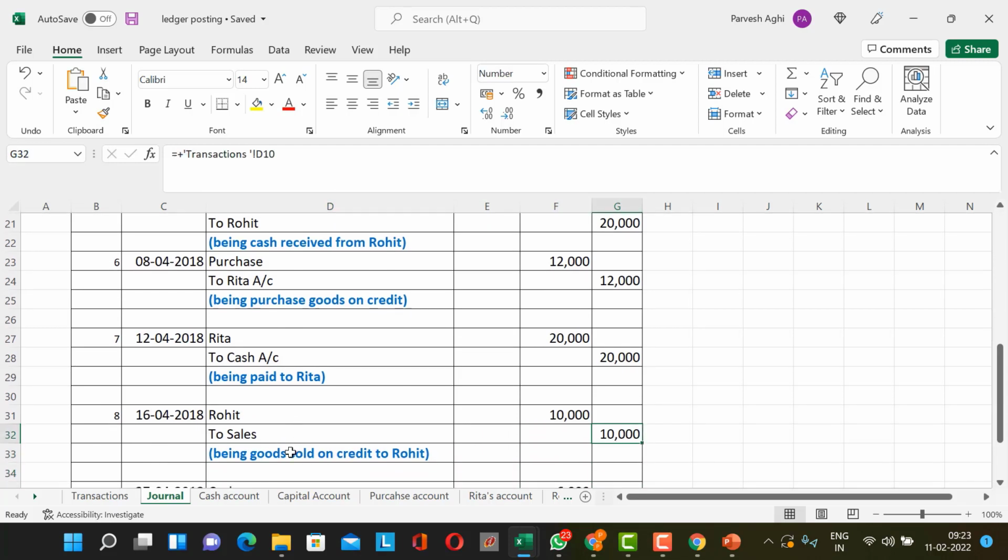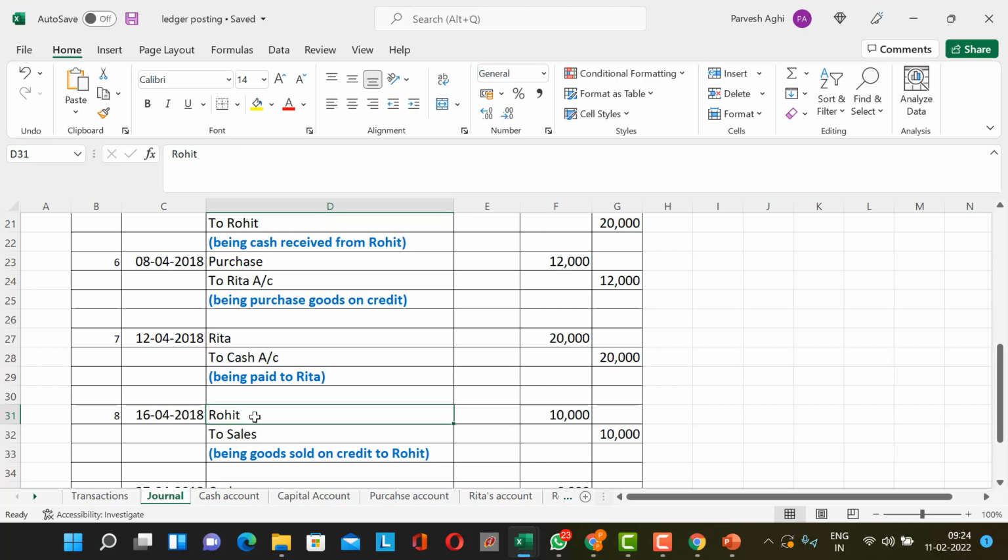Sir, I'm unable to understand the first transaction. Like, to understand that we have to give Rohit 10,000 rupees. Debit what comes in and credit what goes out, so 10,000 rupees are going out, we are giving it to Rohit. Then what's the first transaction? No, are you referring to transaction number 8? Yes, sir, 8. No, again listen to me. What's your good name? Devansh. Devansh, here we have made sales to Rohit.